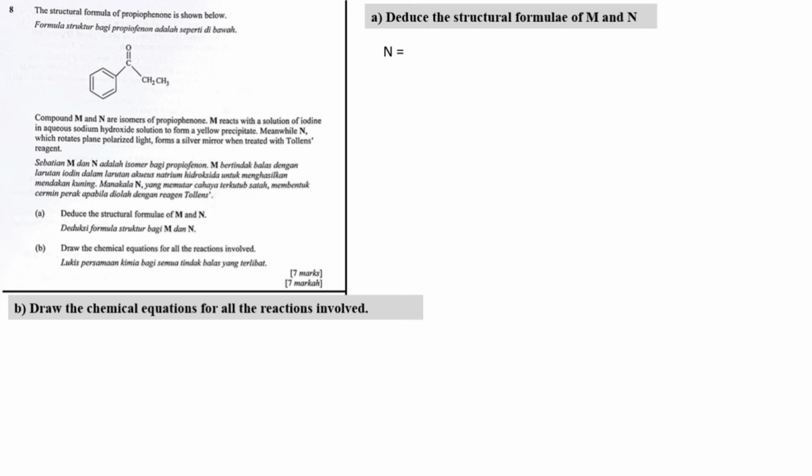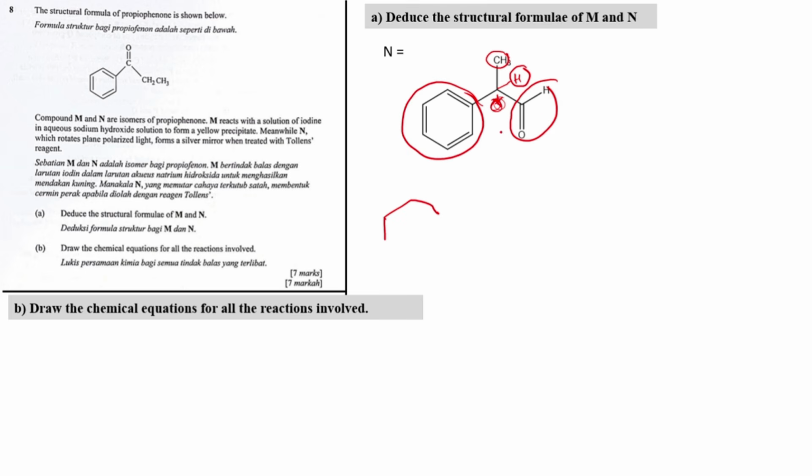We know that N is an aldehyde. So you can draw the structure of an aldehyde with a chiral carbon here. This chiral carbon is attached to 1, 2, 3, and 4 different groups of atoms, and therefore it is a chiral carbon, and it also has an aldehyde group.